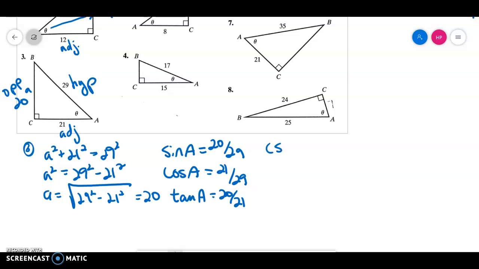And then cosecant, I could again look back to it and recognize that that's hypotenuse over opposite, but since I already did all of the work in finding sine, cosine, tangent, I can simply use those fractions to just flip them.